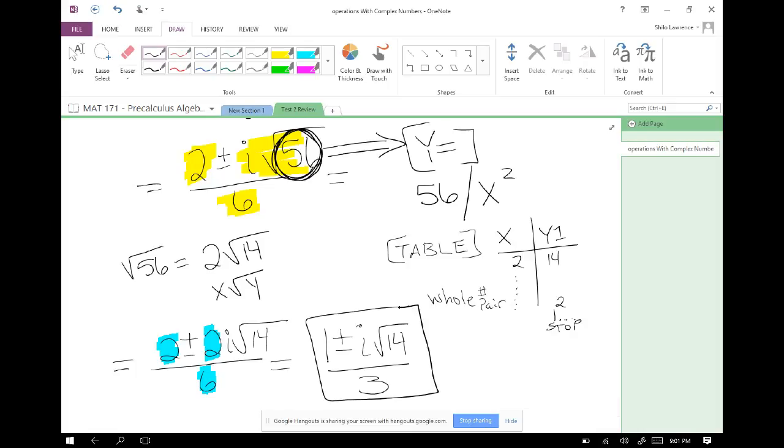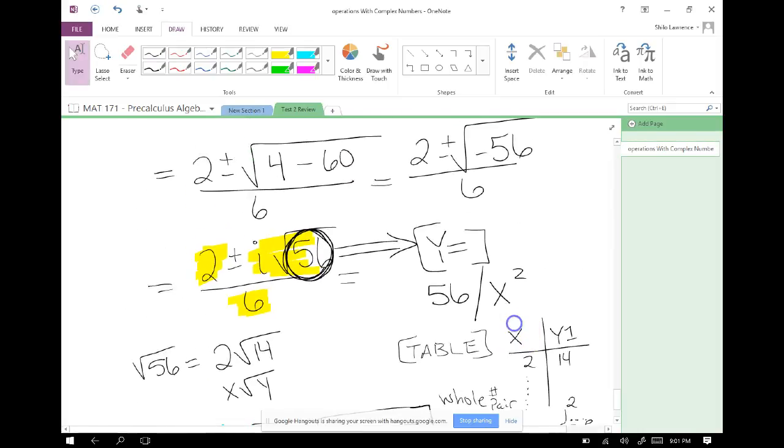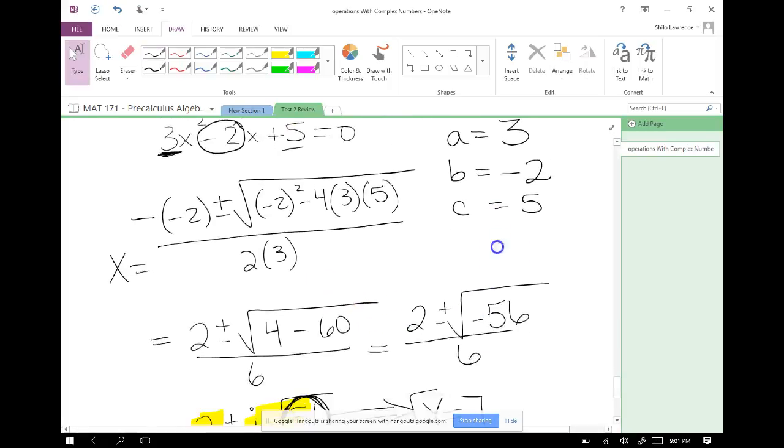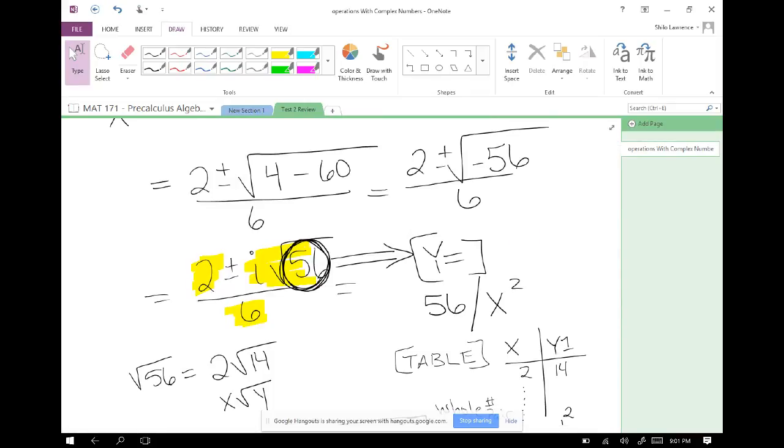So the hardest part here, I think, was the simplifying. The easiest part was just getting everything plugged in. We always want to take negatives inside of the square roots and pull them out as the i's. Now that we know about complex numbers, that is always going to be expected, that the negatives come out as i's.